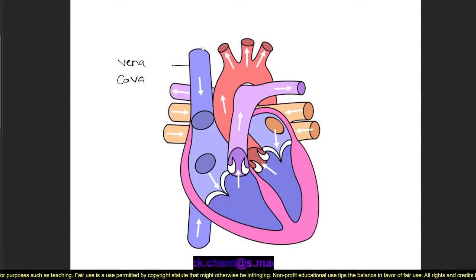We say that deoxygenated blood enters into the heart via the vena cava and into the right atrium. The right atrium will squeeze and send this deoxygenated blood into the right ventricle. The right ventricle contracts and sends the deoxygenated blood to the lungs via what is called the pulmonary arteries.